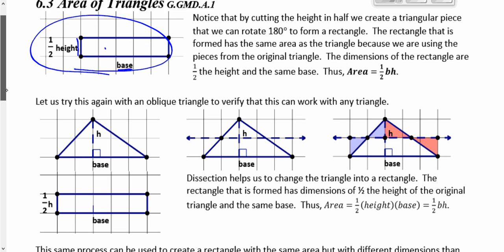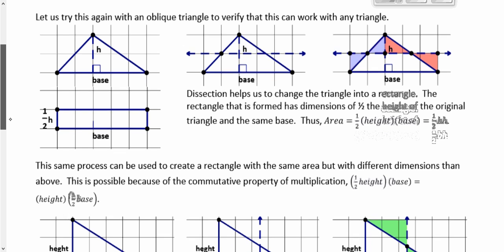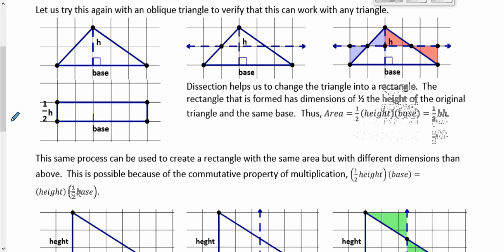So let's look at some more examples of how we can do this. We can turn these triangles into a rectangle with the same area. So again, here's a triangle, the height of 2. We can cut that height in half, okay? But now we have to do a couple of separate rotations, okay? So now we can rotate this segment here down into that spot, and then rotate that segment here down into this spot.